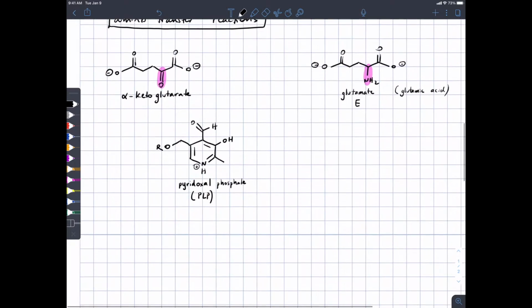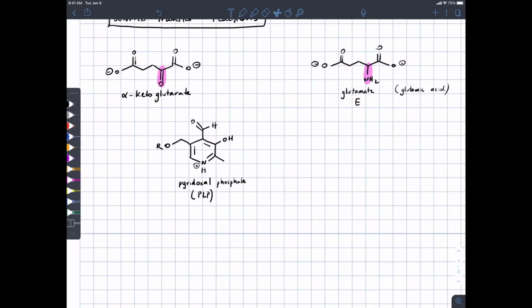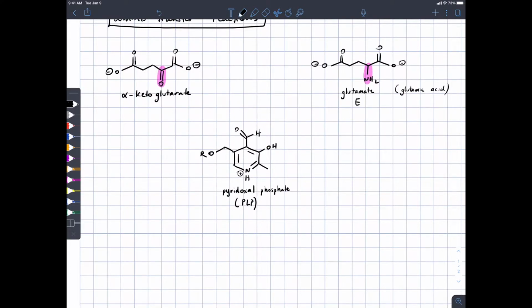But what happens here is to get an amino group here, we need another amino acid that we're not using. And in this way, biology can transfer around amino groups as it needs to.